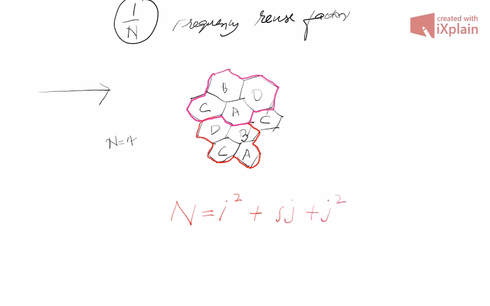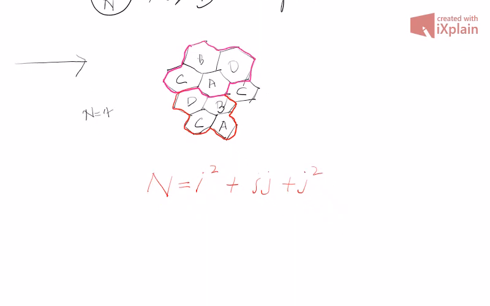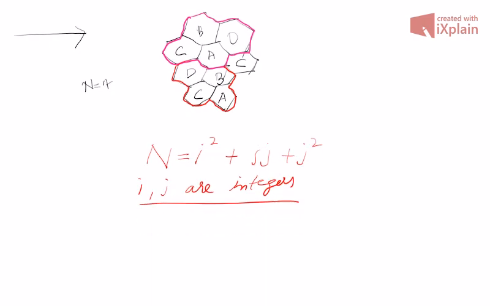Rappaport doesn't have a proof for this. I will show it separately, where i and j are integers. That is, the possible values of n are obtained by giving different positive integer values to i and j, and you will get different possible numbers of cells in a cluster.